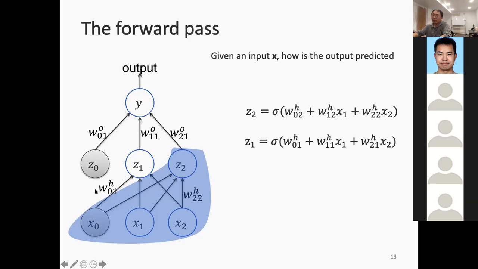So you can see W01H and W02H are two biases. To be clear, in a neural network, one bias feature can be assigned multiple bias weights. They are determined by how many edges connect this bias feature to the neurons in the upper level.